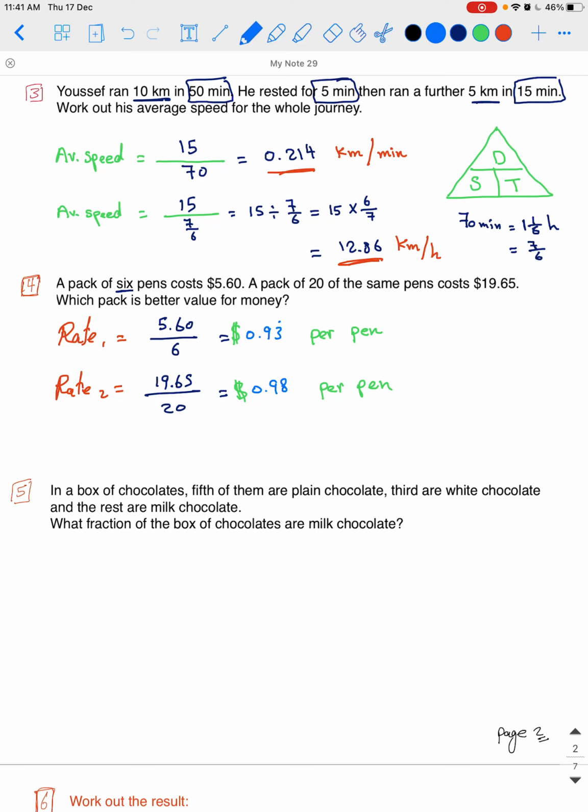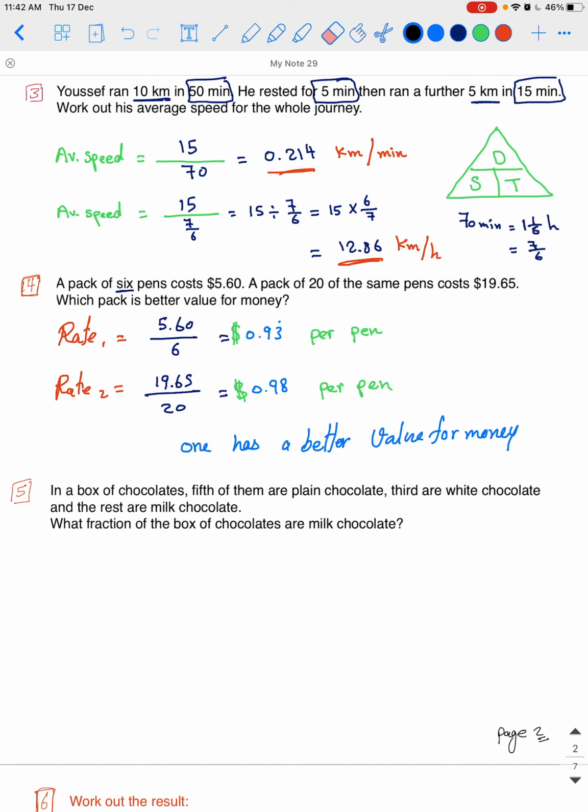0.98. Okay, of course the second one is more expensive. So the first one has a better value for money. So we can write here, first one has a better value for money. And also, instead of the first one, you can write first one of what?